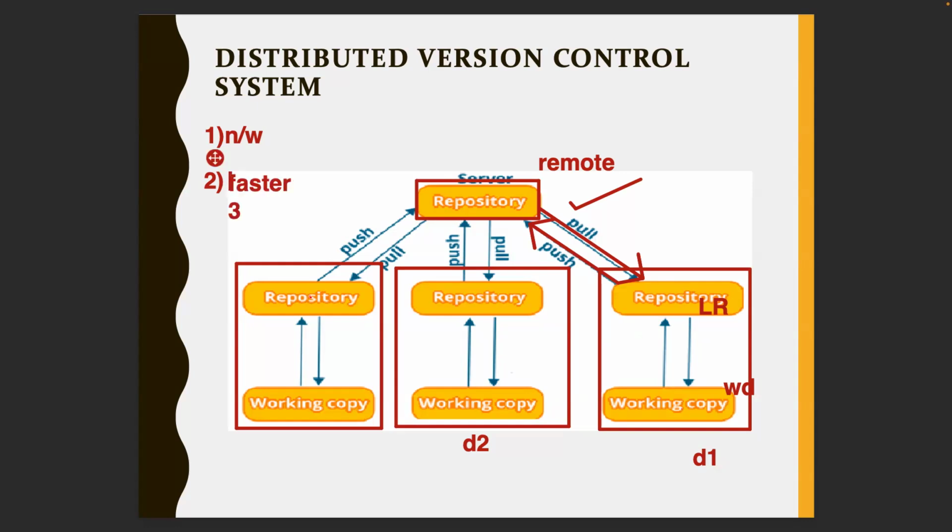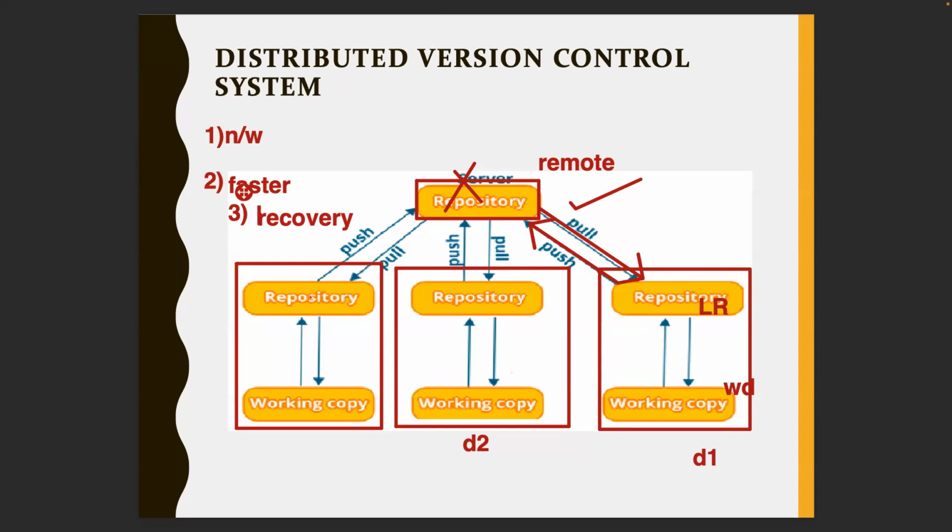And also, let's suppose the central server has crashed for some reason. There are developers or DevOps engineers who have a copy of the remote repository, which is local. So chances of recovery are also more, right? So these are the things we have: network connectivity, it is faster, chances of recovery are more.